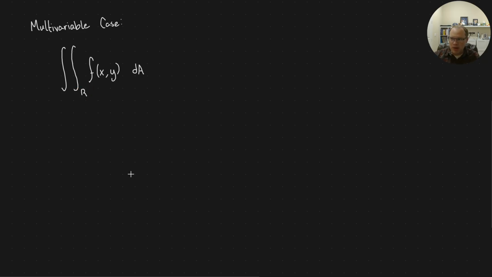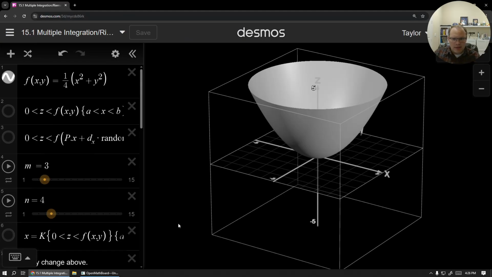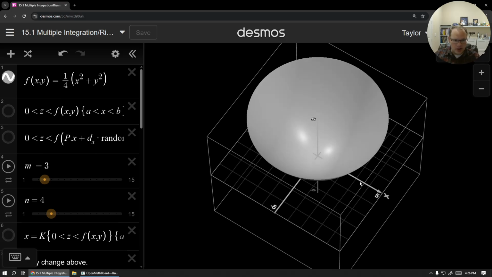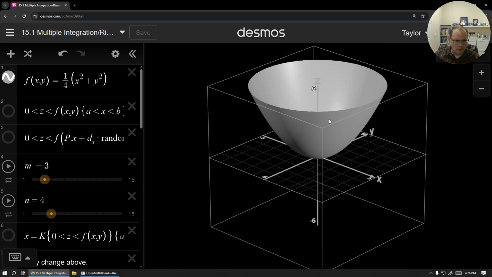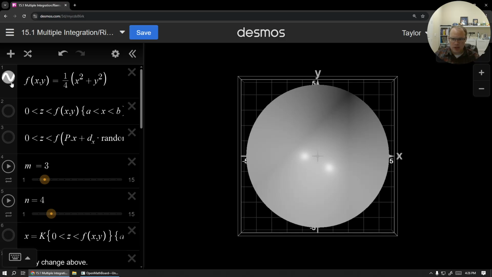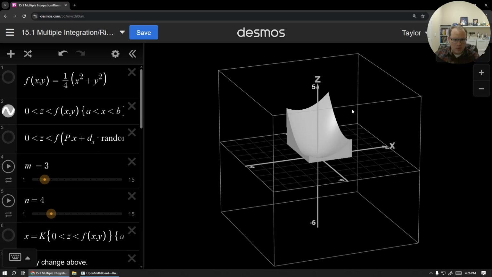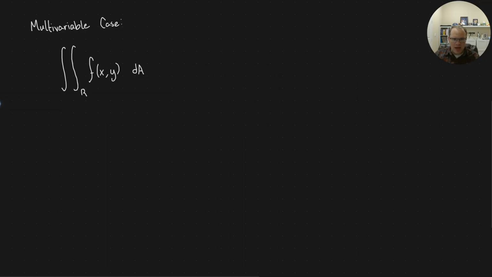So what do we even mean by this? Okay. So now let's take a look at the picture. We have some function here. In this case, it's a paraboloid. Okay. And the idea here is that we're limiting ourselves to some region. Okay, some region R. So here we've limited ourselves to some region R. So that region is what this symbol represents.